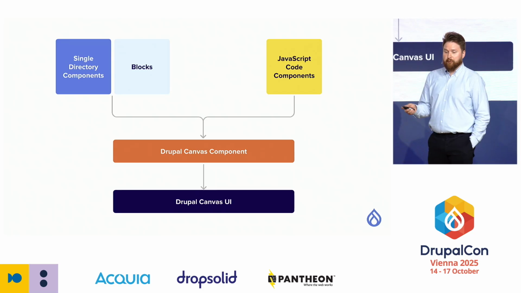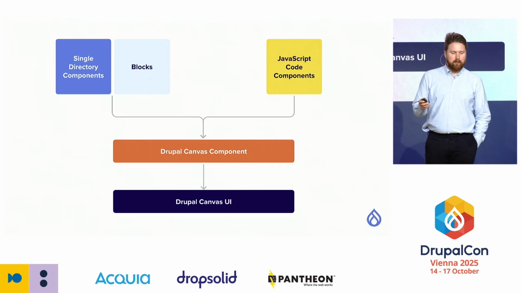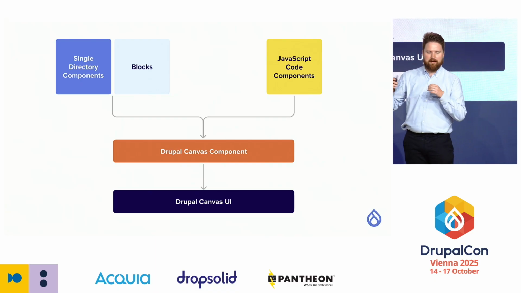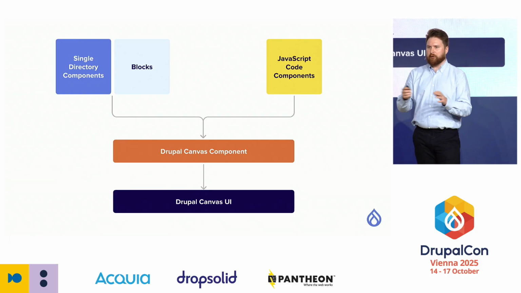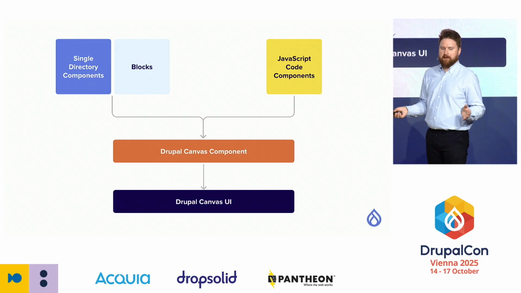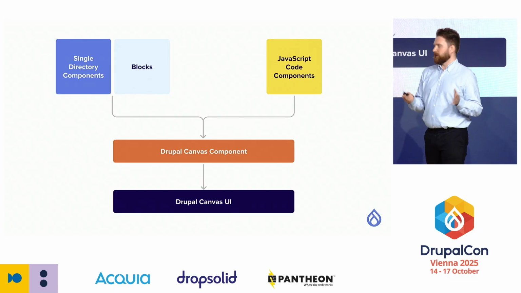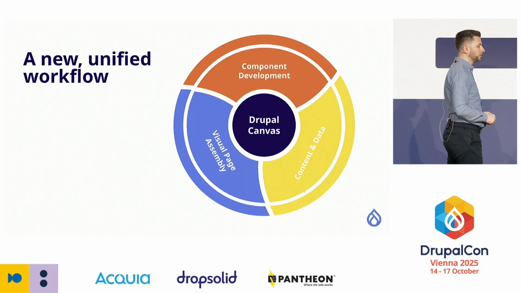Yeah, and the great thing about this is that all of them are used in Drupal Canvas the same way. Essentially, all of these sources just become Drupal Canvas components. The content creator, site builder, whoever is using these components doesn't have to care where those components are coming from. They just use them as Drupal Canvas components, and they all look and feel the same in the UI.